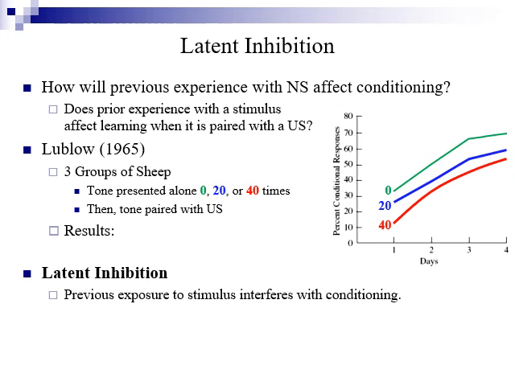And it took more trials for them to overcome that. That phenomenon is called latent inhibition: previous exposure to a stimulus can interfere with conditioning. So the take-home is that novel stimuli are the ones that are most easily conditioned.